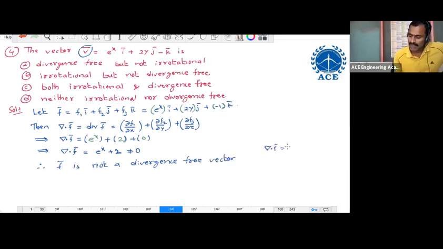Del dot f bar equal to 0 means the vector is divergence free; not equal to 0 means not divergence free. So options C, both irrotational and divergence free, and A, divergence free, are wrong because it is not divergence free. So either B or D must be correct. Then we have to calculate the curl.